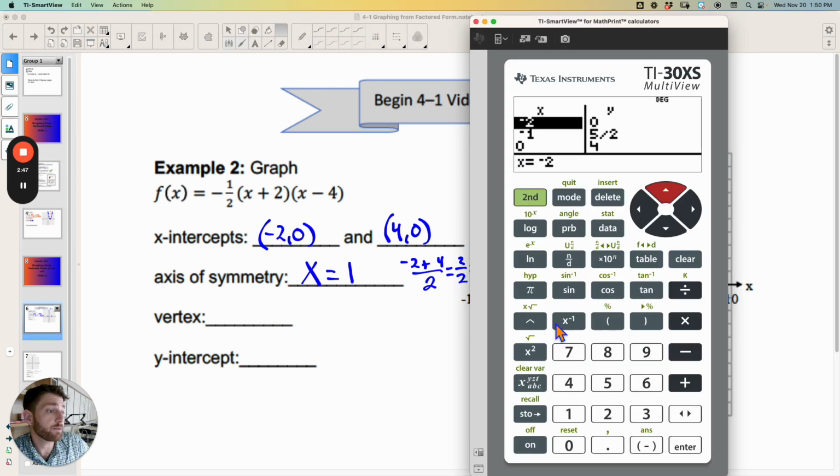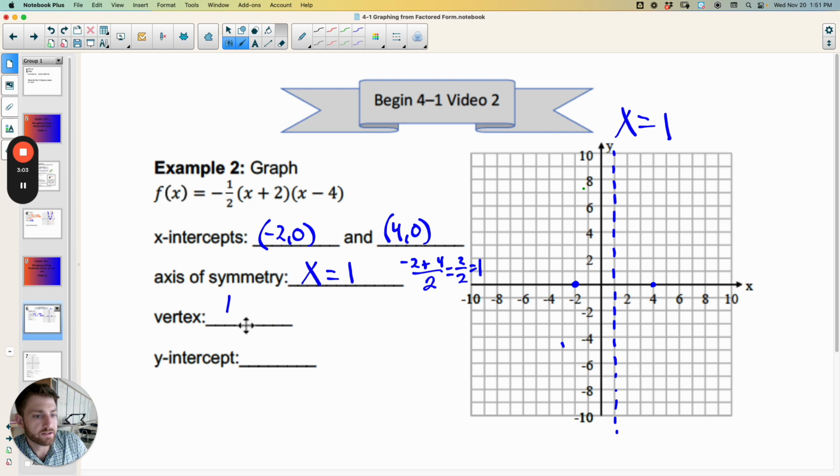And then that helps me find my vertex, because now I can go over to my table and scroll to where x is equal to 1, and this is telling me that when x is 1, y is 9 over 2, or 4.5. So whenever x is 1, y is 9 over 2. It's hard to plot 9 over 2, so you can convert that to a decimal.